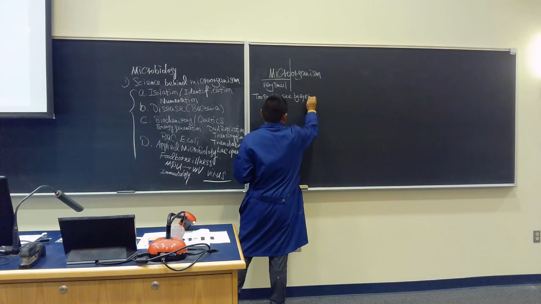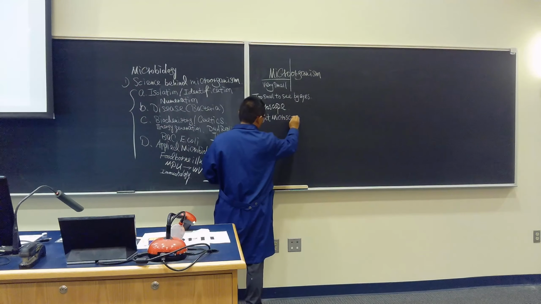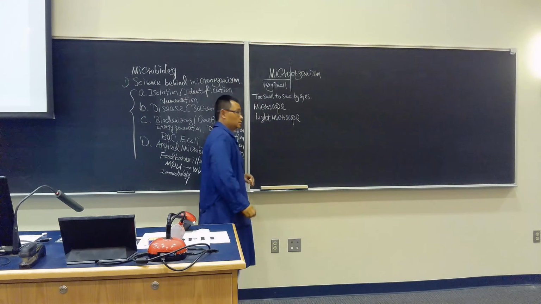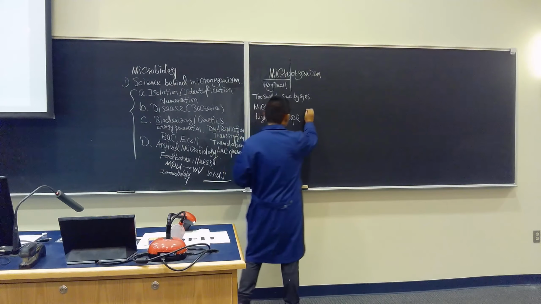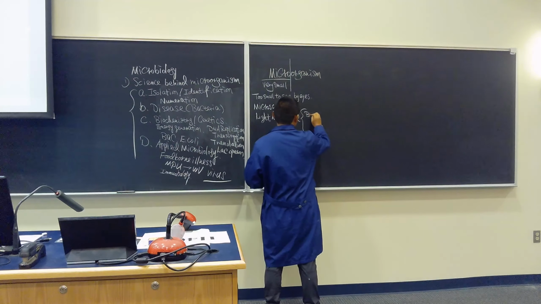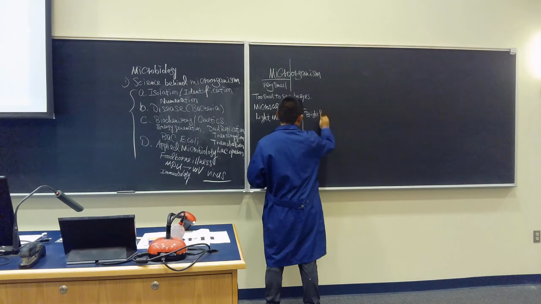Now, there is a lot of microscope. There is a light microscope. Light microscope also simply become bright field and dark field.